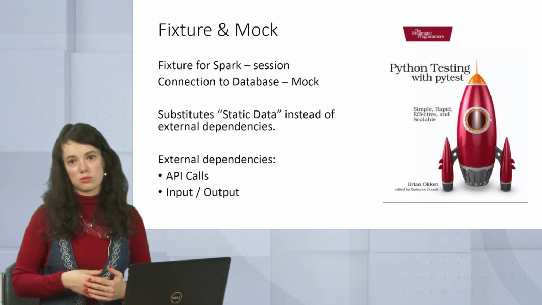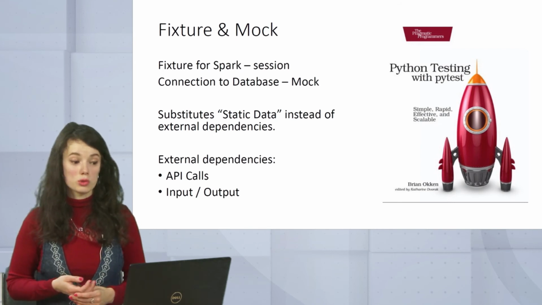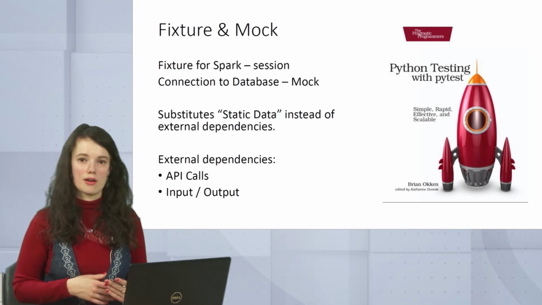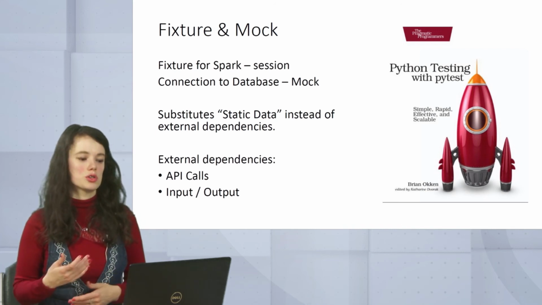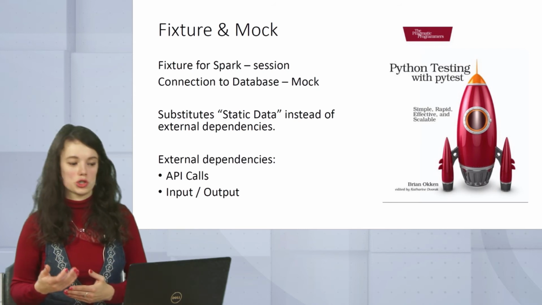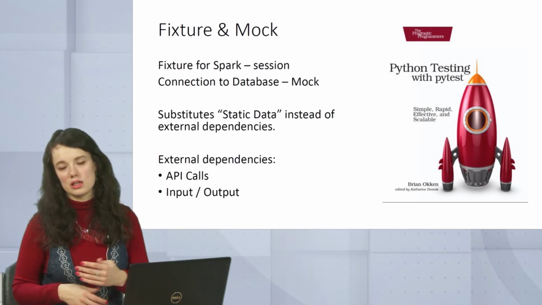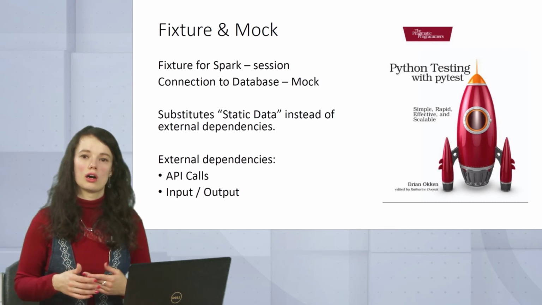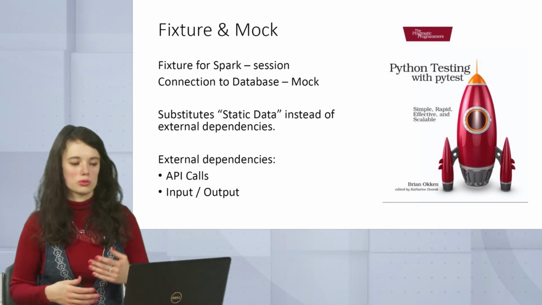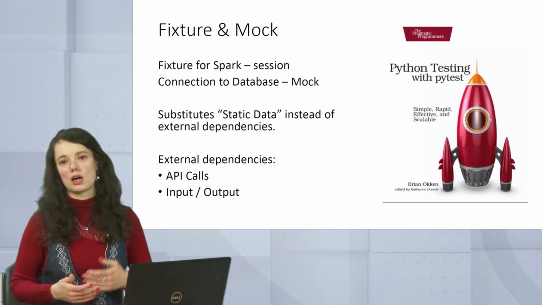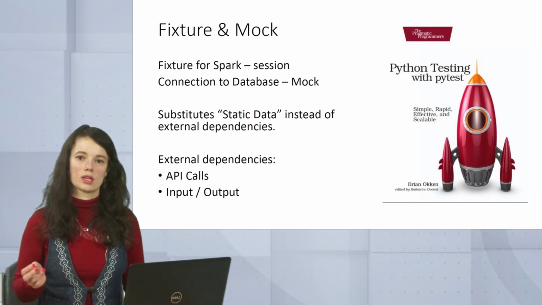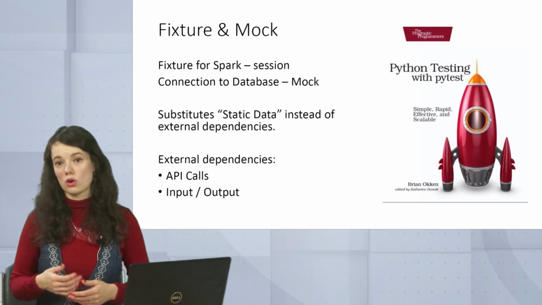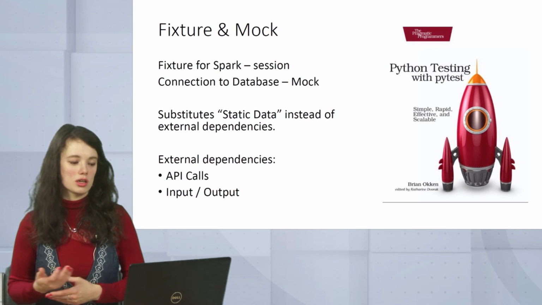There is a lot of more cool stuff in PyTest, for example, mocks. You can mock a database connection, and fixtures are the thing you're using, for example, for a Spark session. These things substitute your connection or session or any other data with some static data, and it helps you to test your function in isolation.